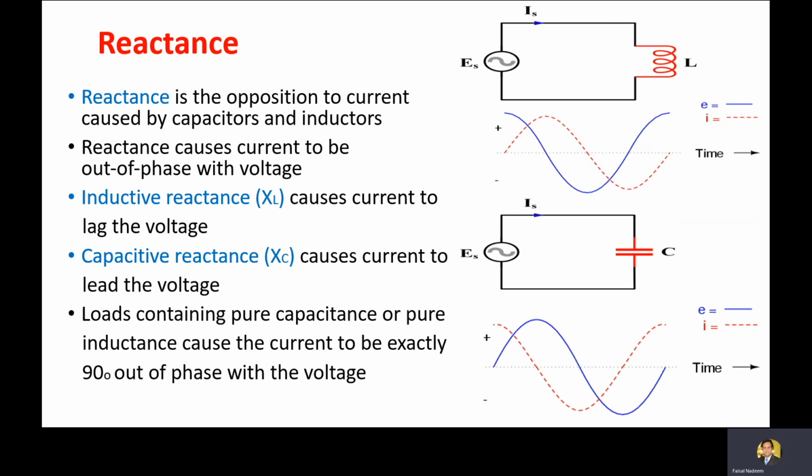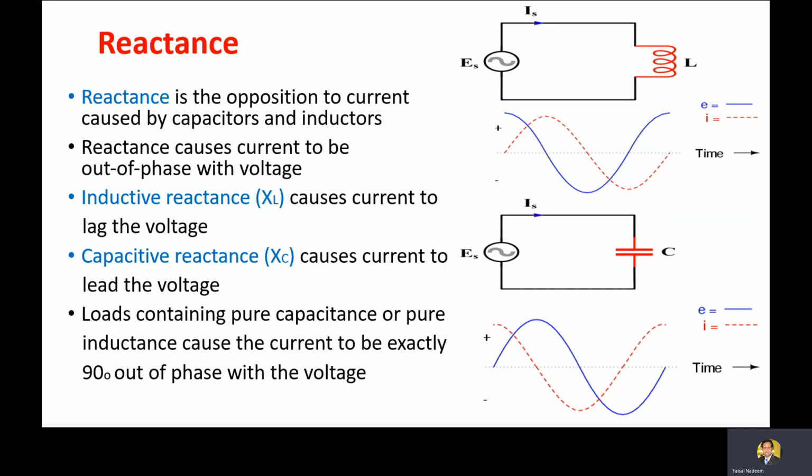Now, reactance. Reactance is the opposition to current caused by capacitors and inductors, as we have already discussed in the previous slides. Reactance causes current to be out of phase with the voltage. Not only does reactance oppose the flow of the current as the resistance does, moreover, it also makes the current and voltage phases out of phase.